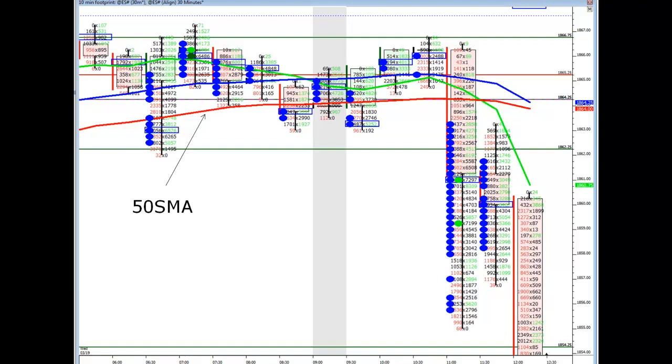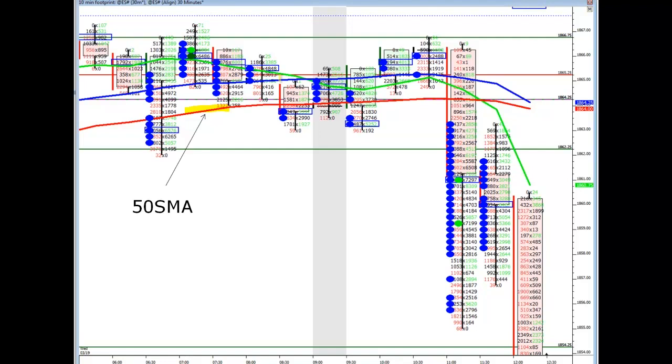Okay. The first thing that I want to highlight is my moving averages, because they are really an integral part of this strategy and they will help us a lot. The one color that we didn't talk about earlier in the lesson was the red, because we only had the 20 simple moving average and the 5 simple moving average shown on the 1020 chart.